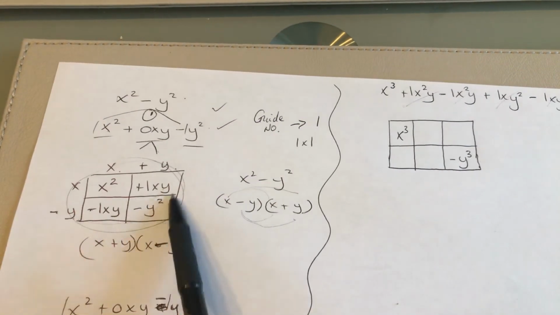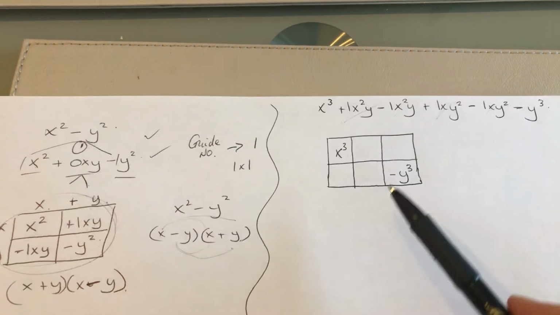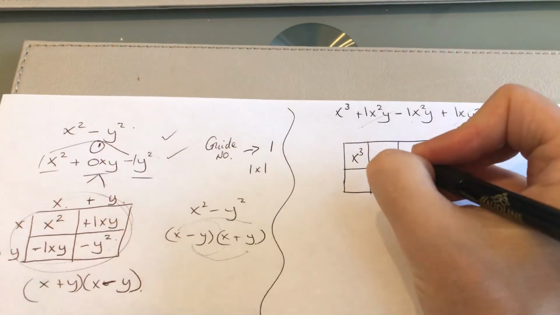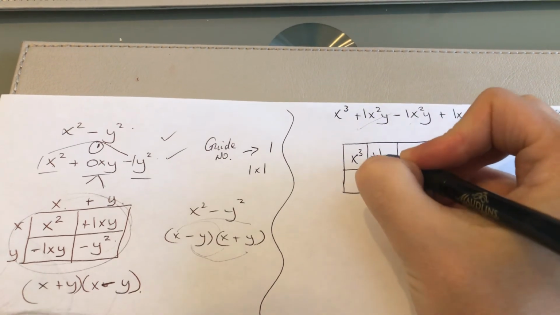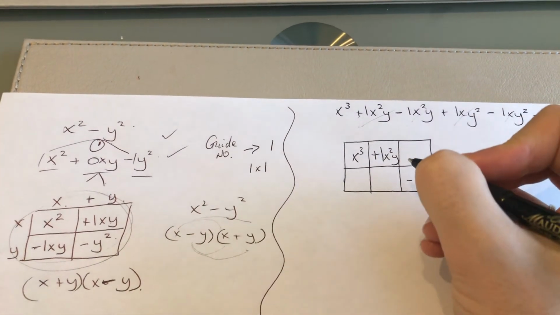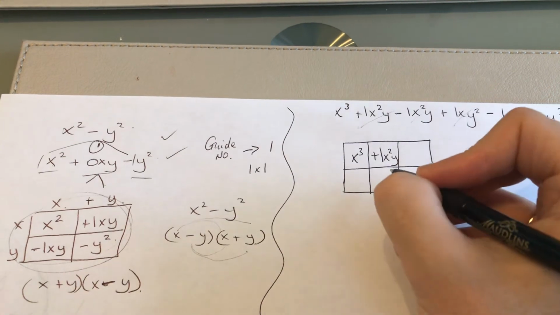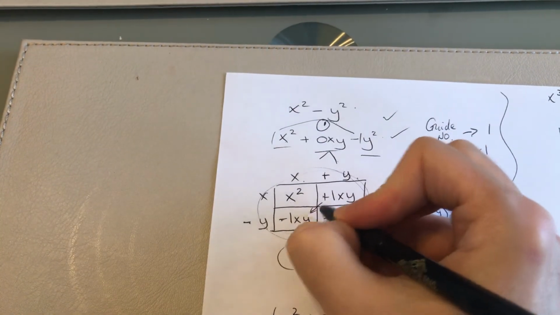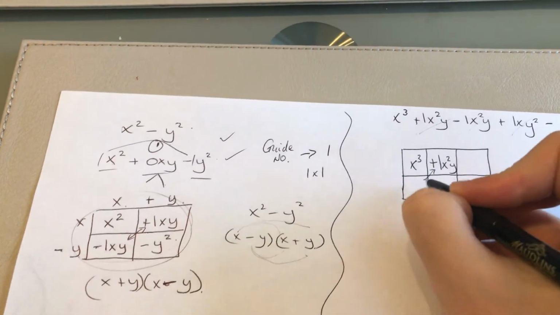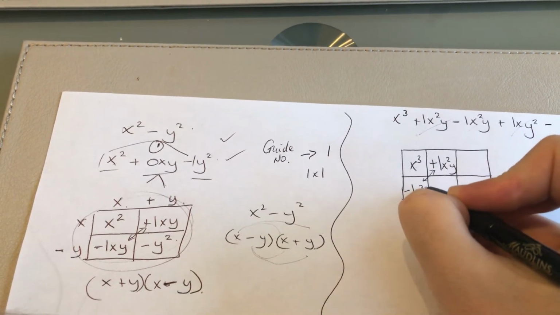I've just used this concept here in order to decide, okay, so I'm going to put in a plus 1x squared y there, and I'm going to put in, we're going diagonally, a minus 1x squared y there.